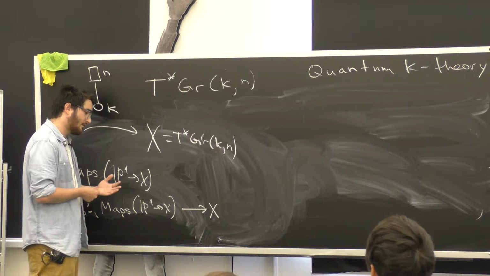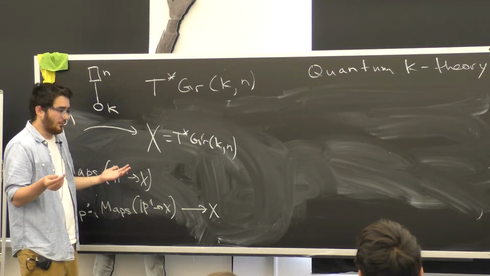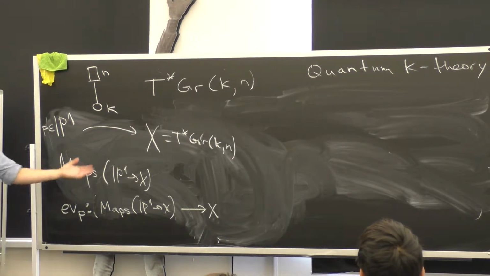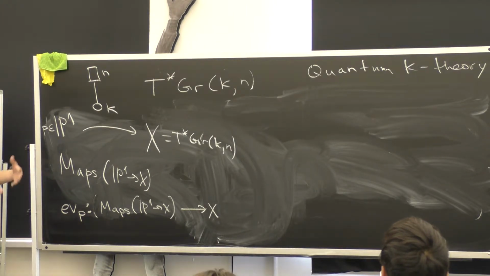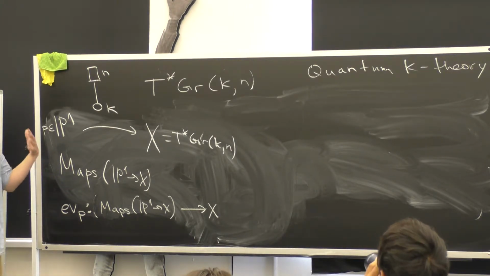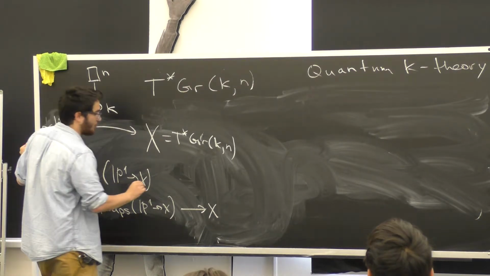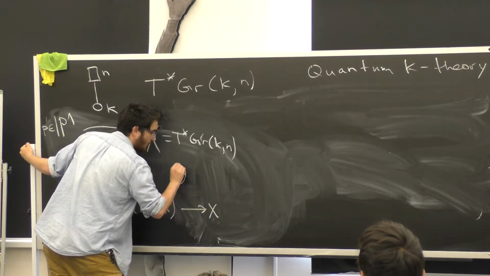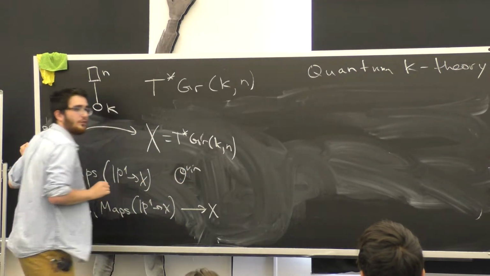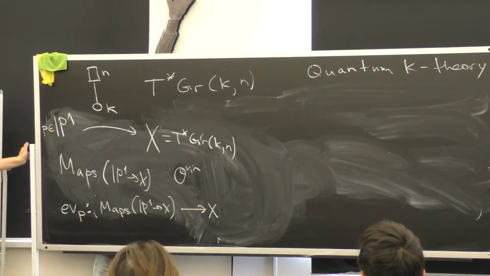A natural class, usually if you want to work with big moduli spaces like this one, you would take the fundamental class, but for moduli spaces, you would take the virtual fundamental class. So on this, you have the virtual structure sheaf, because we're in K-theory, not in cohomology.